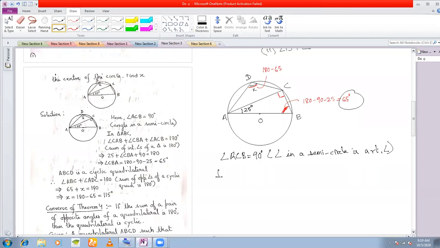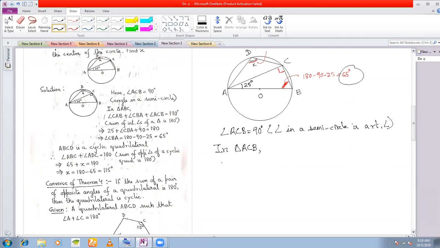We write in triangle ACB, angle CAB, which is given to you as 25 degree, plus angle ACB, which we have shown above to be 90 degree because it is angle in a semicircle, plus angle ABC, the angle which we need to find out, is equal to 180.